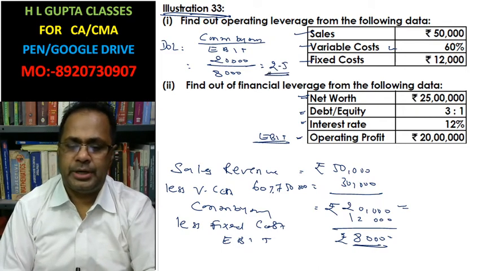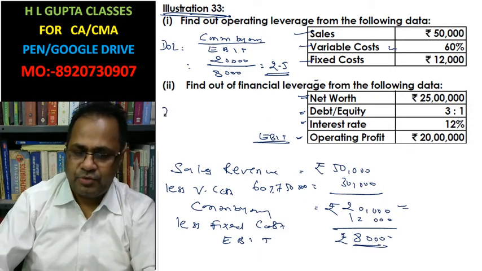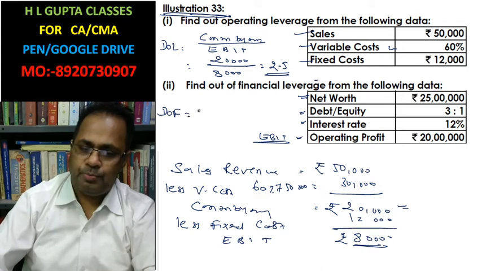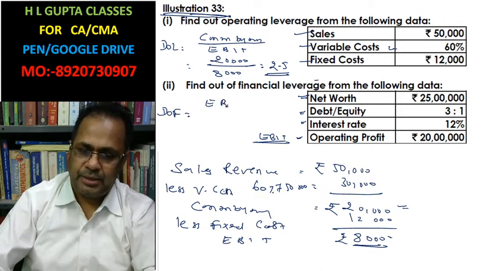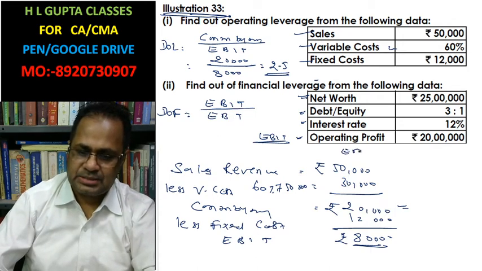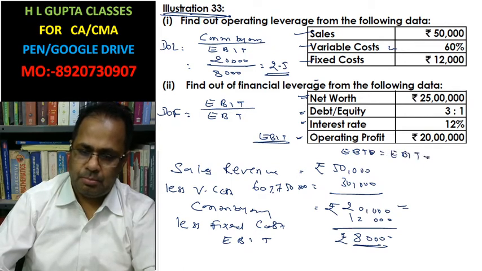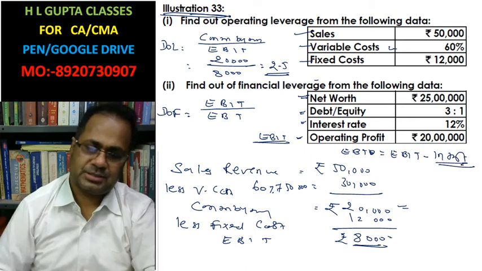Now, degree of financial leverage, in this case you have to calculate. Degree of financial leverage equal to EBIT upon EBT. EBT is equal to EBIT minus interest. So you need to calculate interest here.